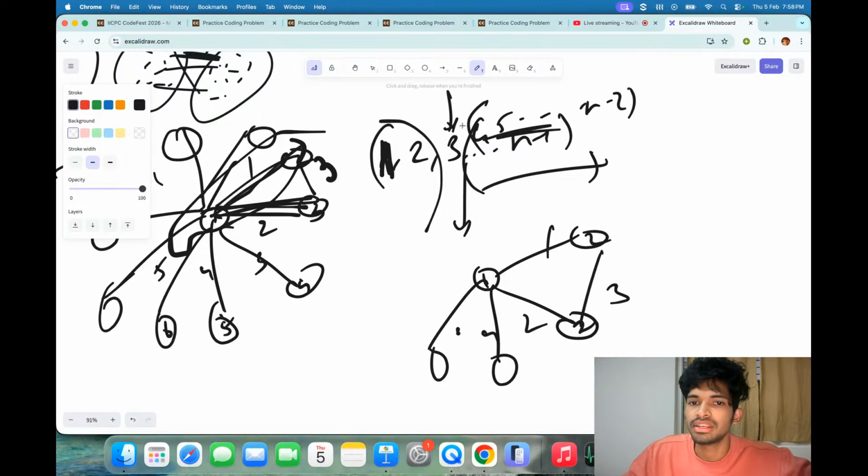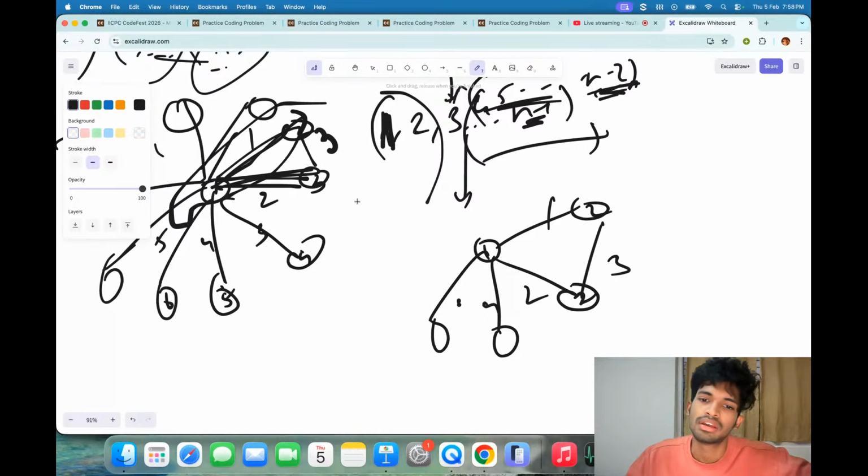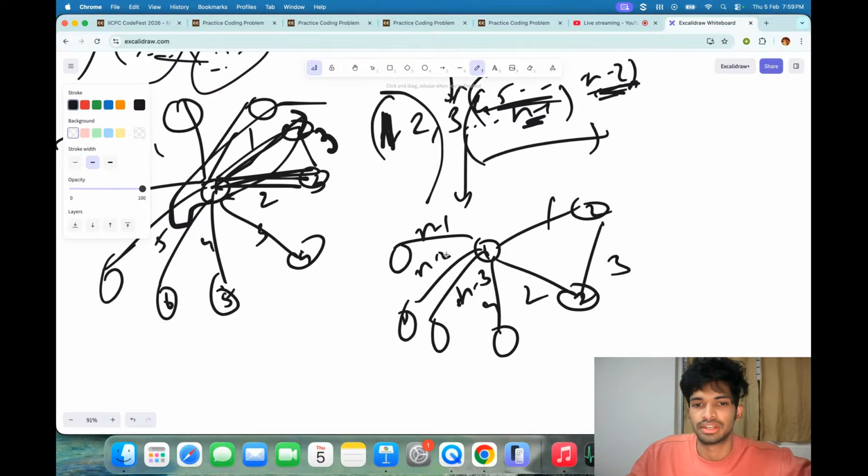You're missing 3, you're adding n minus... oh, that's a lot. So instead of missing 3, let's miss n minus 1 and then add n minus 2. This should be possible, right? So you have n minus 3, n minus 2, n minus 1.